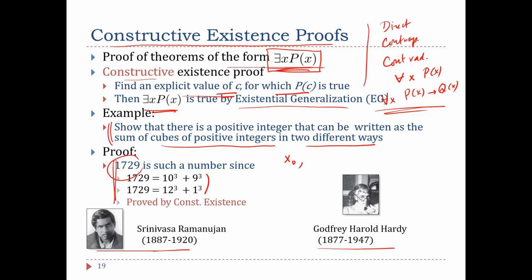Eventually, if you find several different values, let's say x0, x1, x2, etc., all of them satisfying the property p of x, well, you can then study these particular values and check what's common between them. And you can then try to generalize this into something like for every x in the domain of those xi's, when you have that particular property in common q of x, then necessarily p of x must be true. Okay. So this is one case.